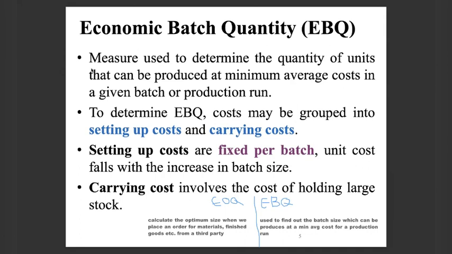Read this. So in EBQ, we need to determine setting up costs and carrying costs, because costs may be grouped into setting up costs and carrying costs, right? So there are two types of costs when we are deciding on economic batch quantity. Clear? Shall we move on then?